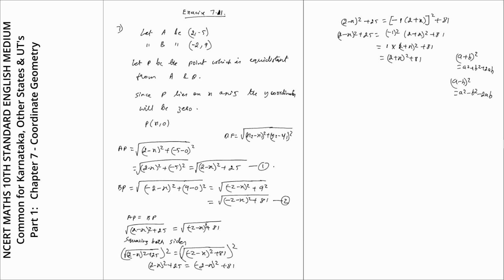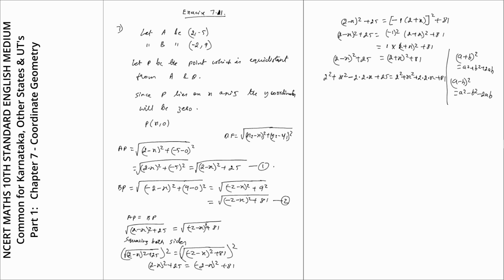So in the left hand side it is (2 minus x) the whole square plus 25, so this becomes 2 square plus x square minus 2 into a into b, 2 into x, plus 25. In the right hand side, I am expanding (2 plus x) the whole square: 2 square plus x square plus 2 into a into b, 2 into x, plus 81.